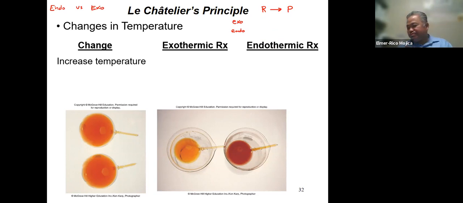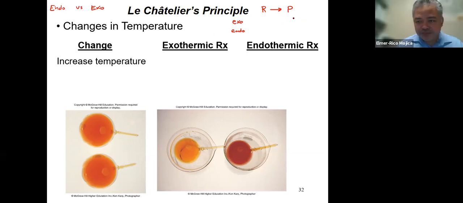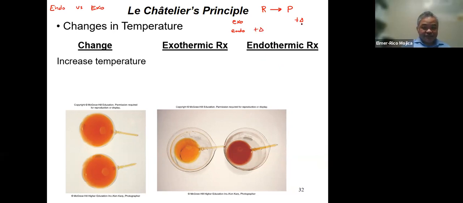Class, are you still there? In the exothermic reaction, heat is released, so it is in the product side. And in an endothermic reaction, heat is absorbed, so it is in the reactant side.